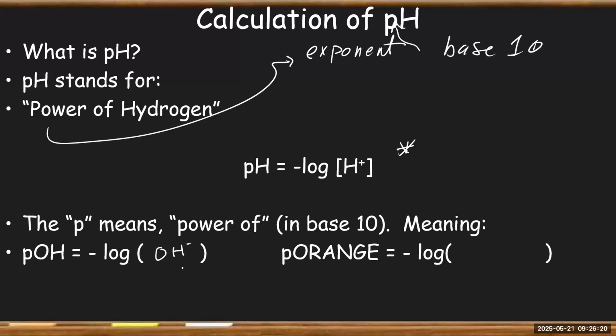So it's actually power of hydroxide ion, not hydrogen, right? But let's face it, biologists are sloppy. Well, I can make fun of them because I'm a biologist myself, and they don't really understand chemistry as well. So if it's a P-orange, it's the negative log of what? Orange, or the concentration of orange.